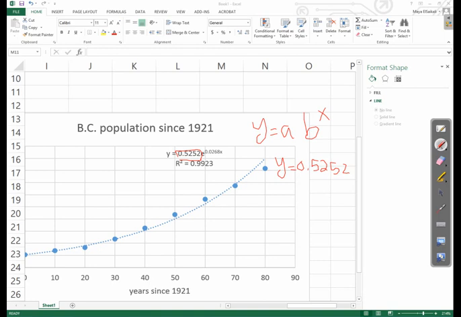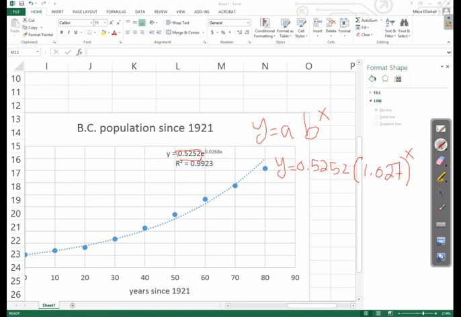And then to the power of 0.0268. You get 1.0271. So that being said, your base is 1.027, to the power of x.